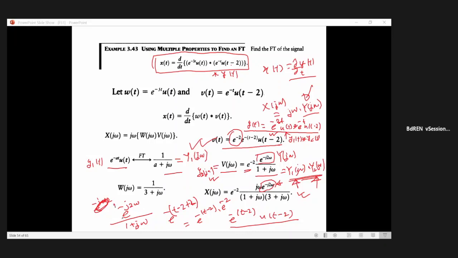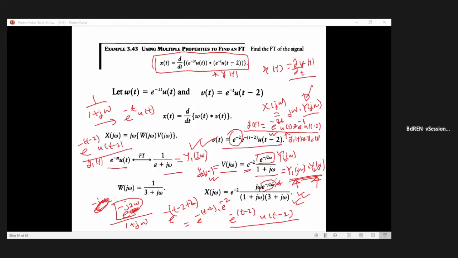We need not consider this factor initially. We can consider the factor 1 plus jω. The corresponding time domain will be e^(-t)u(t), isn't it? Now this factor is causing what? This factor is causing a time shift equal to 2 time units, isn't it? So in this way, you can deal with this.